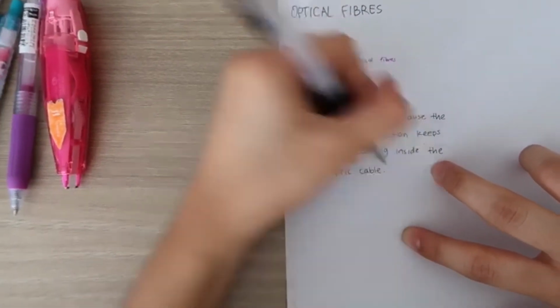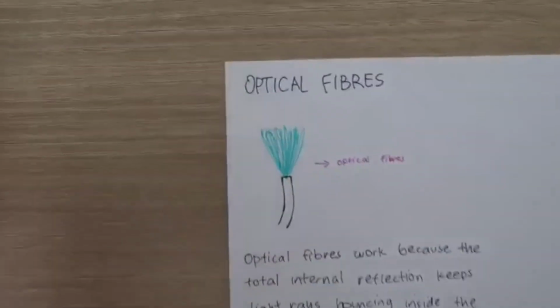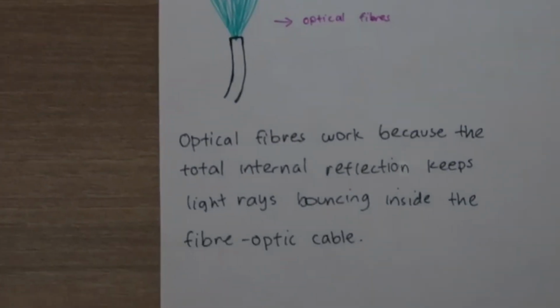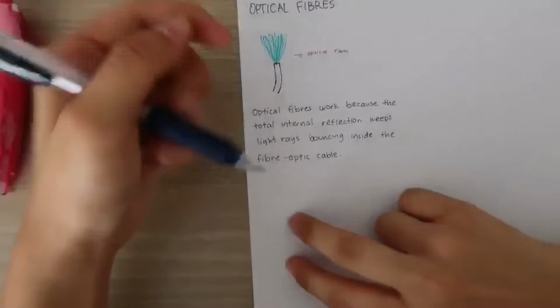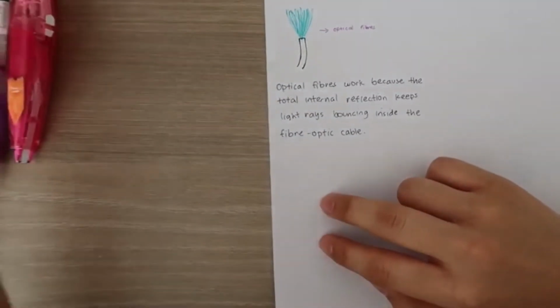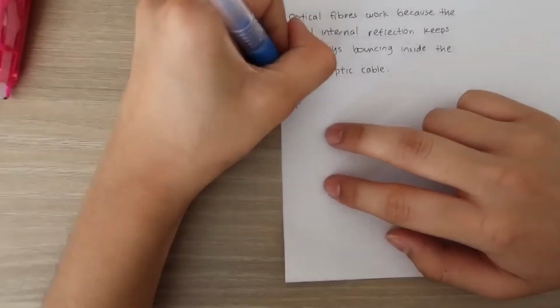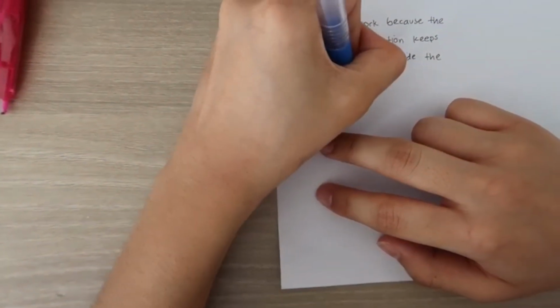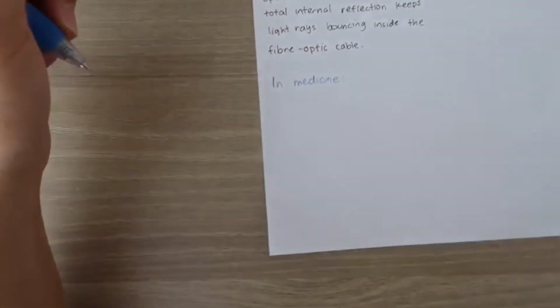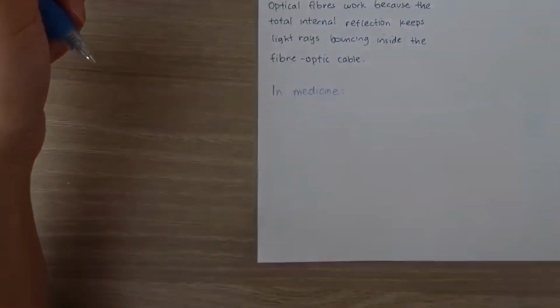The doctor will insert a bunch of it inside of a human body. Some will carry the light into the body and some will be reflected back out. This helps the doctor to see the inside of the body clearly, helping them to diagnose diseases such as cancer.